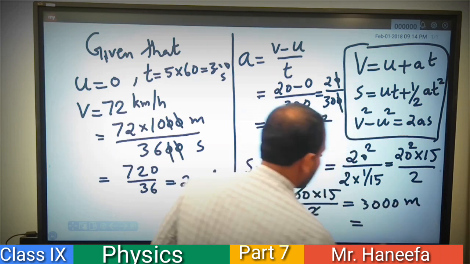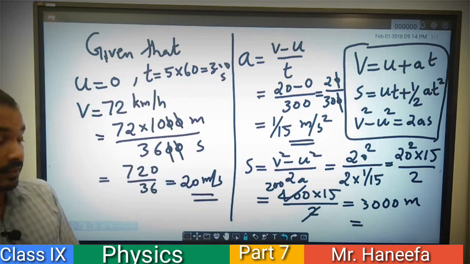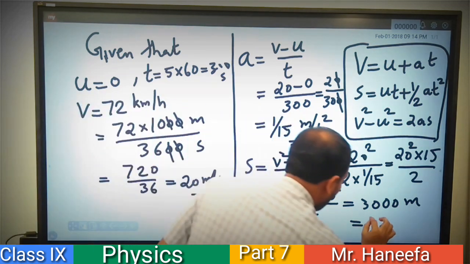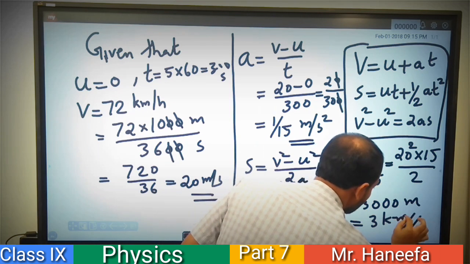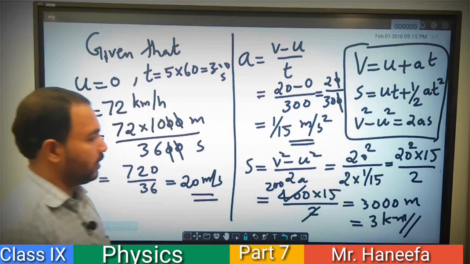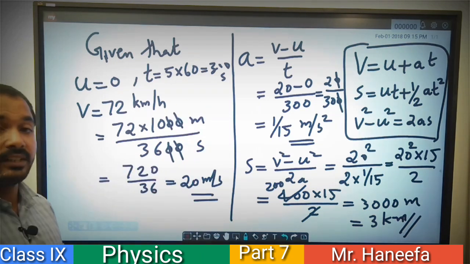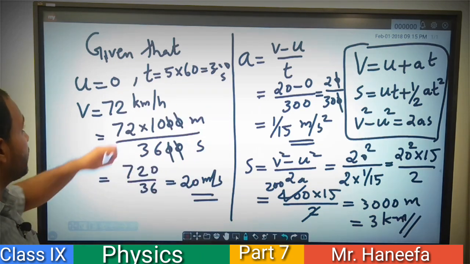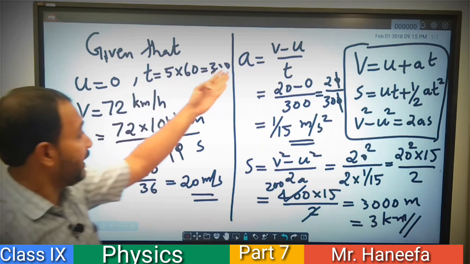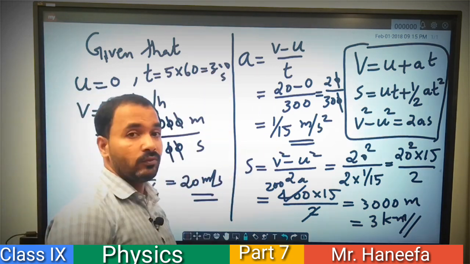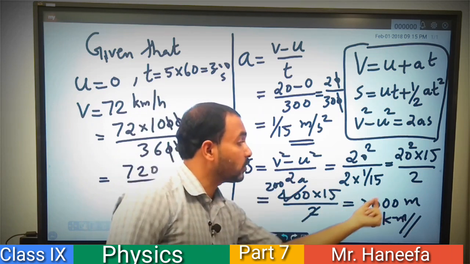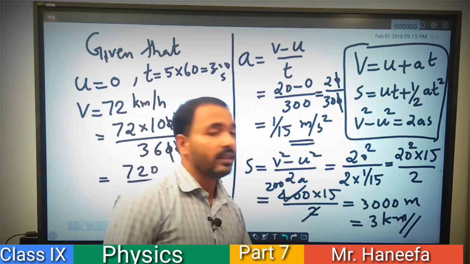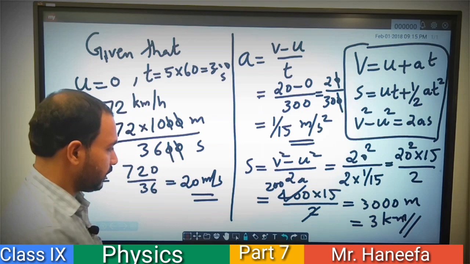So 3000 meter. 3000 meter means 3 kilometer. This is the distance travelled by the train. So we calculated acceleration is 1 by 15 meter per second square. Distance travelled is 3000 meter or 3 kilometer. Okay.